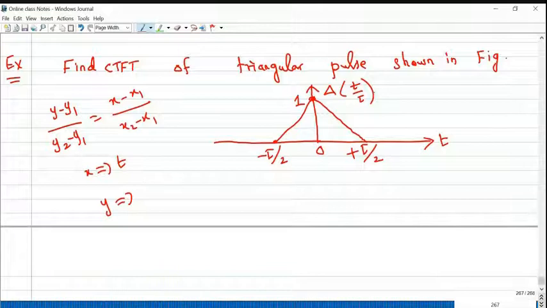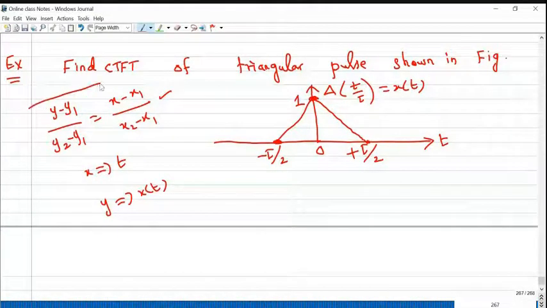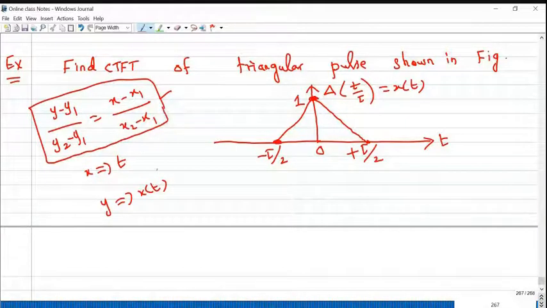Let's say this is the x of t in this particular problem. So this point is x1 comma y1, this point is x2 comma y2, and substitute to find your x of t. Similarly from 0 to tau by 2, this point is x1 comma y1 and this point is x2 comma y2. Substitute in this formula and you will get the expression for x of t.